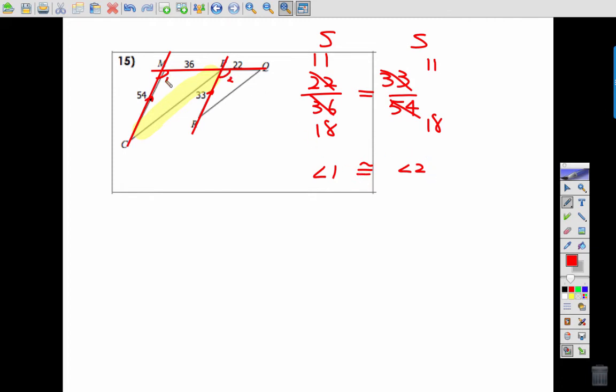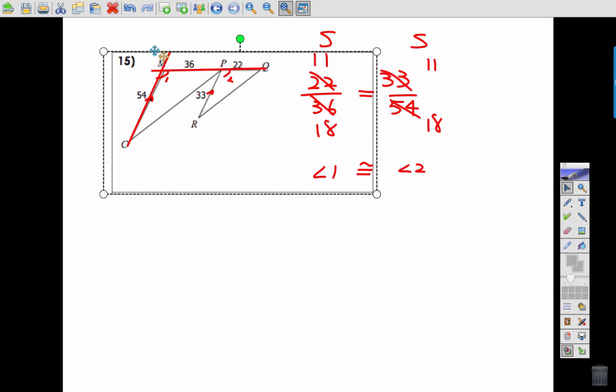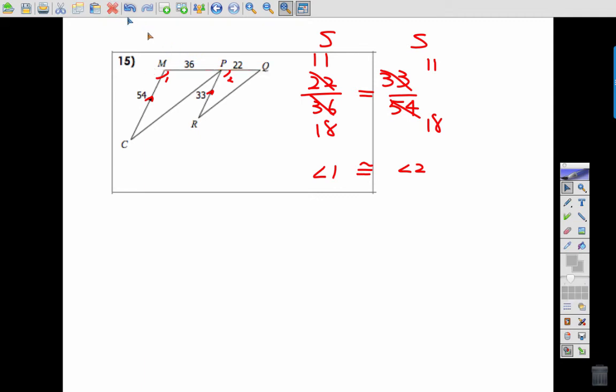Right? And angle 1 and angle 2, now if I erase all of my references, erase the yellow part, and also take away the red part, and you still have the black ink underneath, then you will see that angle 1 and angle 2 are the interior angles right here.